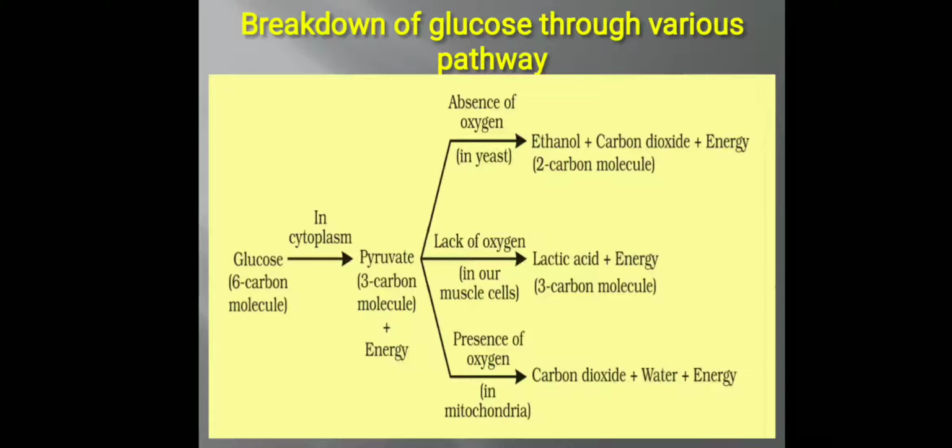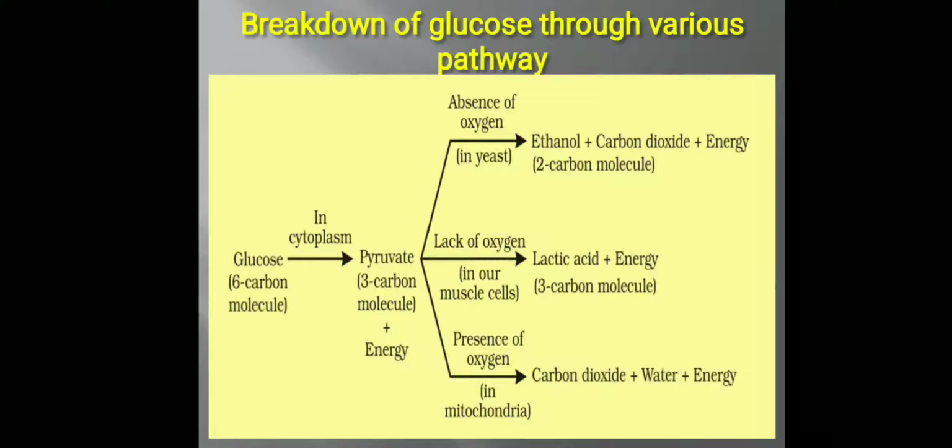In case of yeast, it breaks down into ethanol, carbon dioxide and energy, that is 2. Ethanol is a 2 carbon molecule. Pyruvate can also go to the muscle cells where it breaks down into lactic acid, which is a 3 carbon molecule, and energy. But in the case of our body cells, in the mitochondria, it goes to carbon dioxide, water and energy.